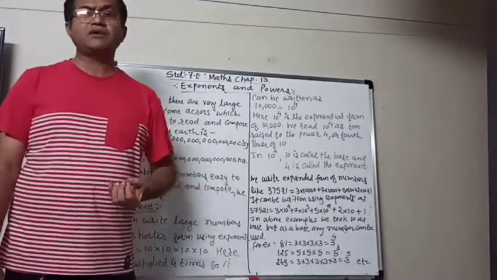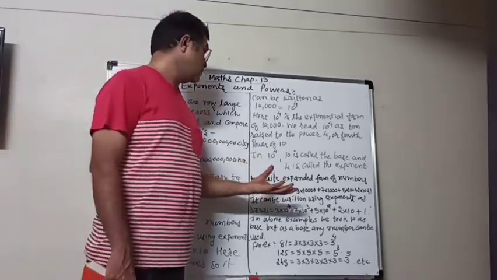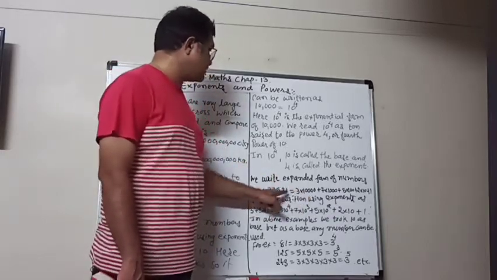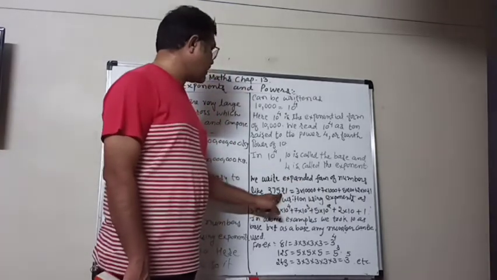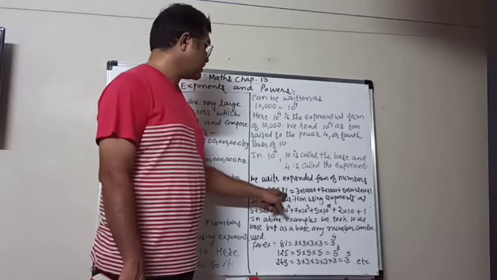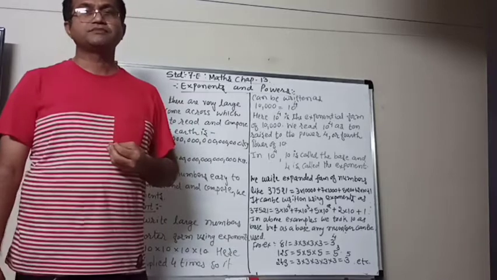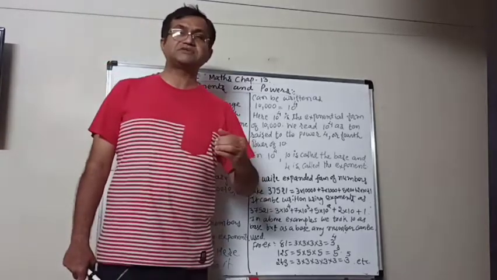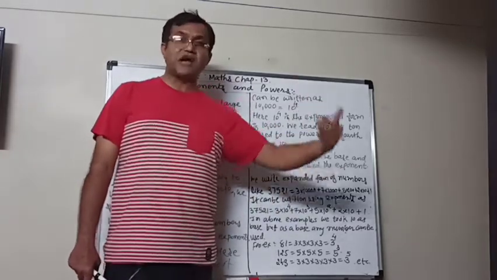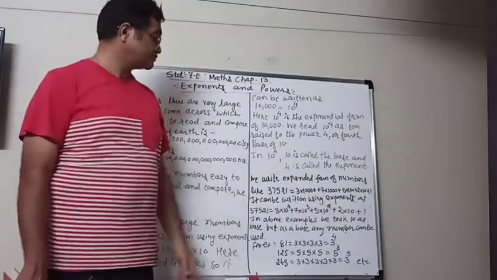If you want to write it in expanded form, we write 3 into 10,000 plus 7 into 1000 plus 5 into 100 plus 2 into 10 and then plus 1. Means according to the place and place value, we multiply by 10,000 or 1000 or 100 and so on, and then we add them.